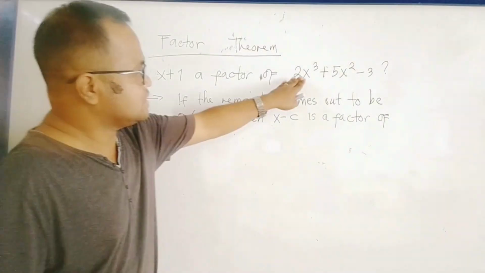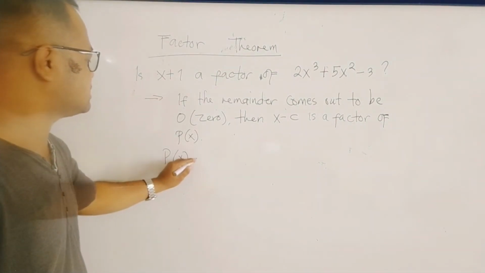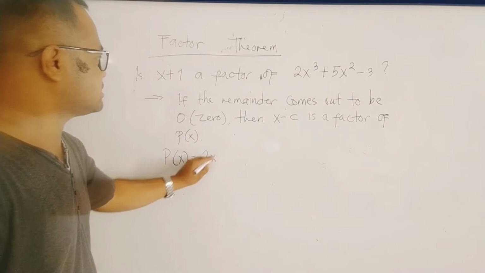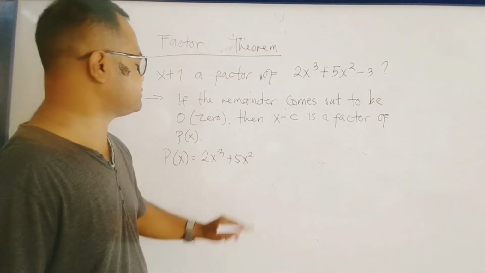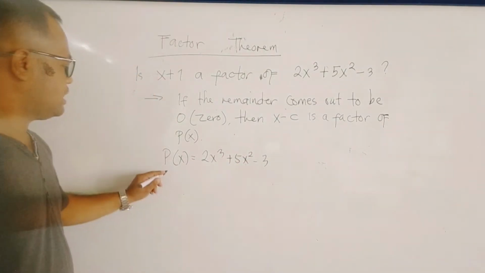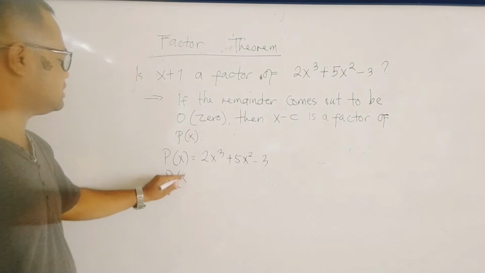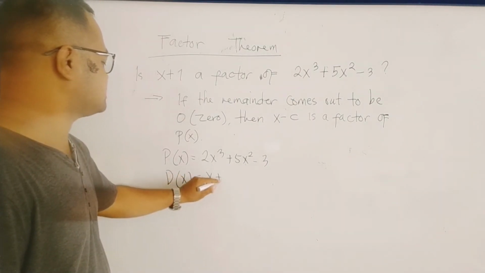Okay? So, this is your p of x. Your p of x is 2x cubed plus 5x squared minus 3. Okay? Your d of x is x plus 1.